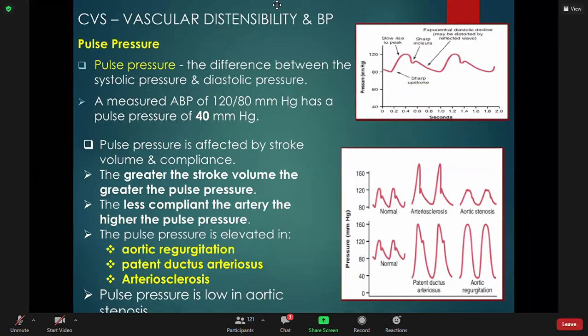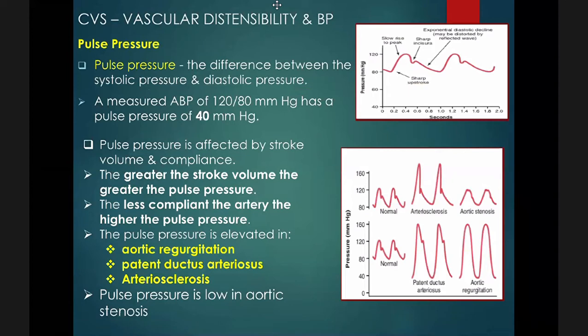We have talked about pulse pressure before. Let's try to expound more. This is the difference between systolic pressure and diastolic pressure. So if the BP is 120/80, the pulse pressure is 40. If you put a catheter in the aorta, ito yung makikita mong record.